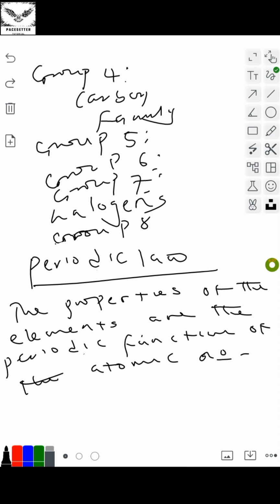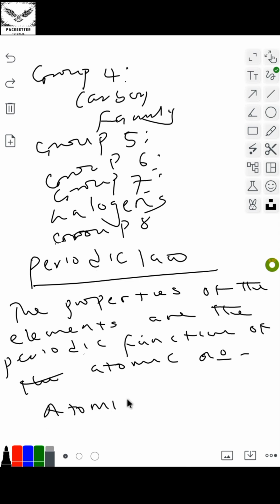Now, according to the chemist who spent quality time in the construction of the periodic table, Dmitri Mendeleev did an amazing job. According to him, the elements in the periodic table are arranged in order of atomic weight.